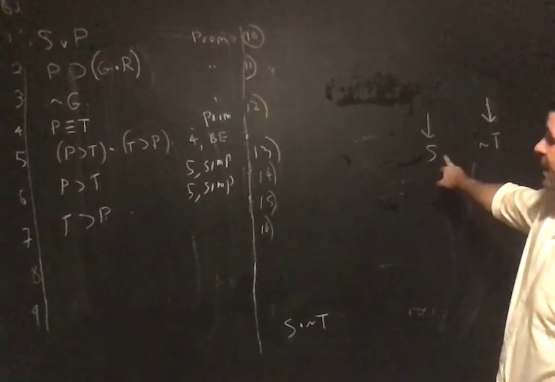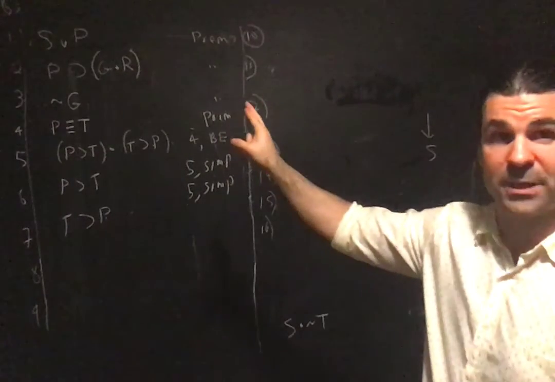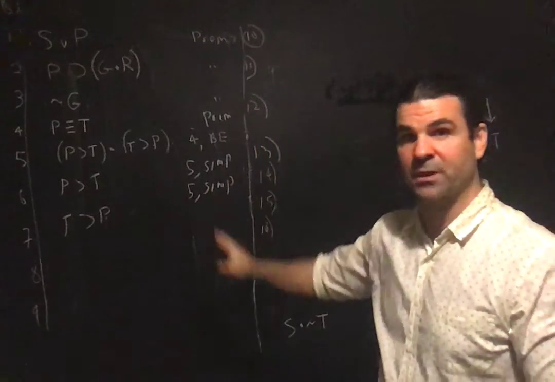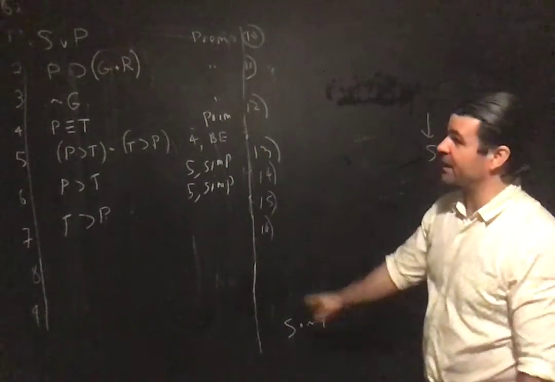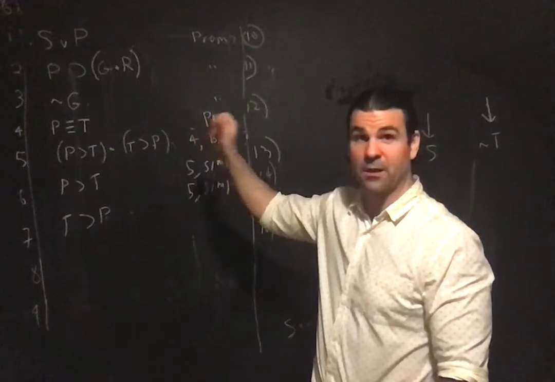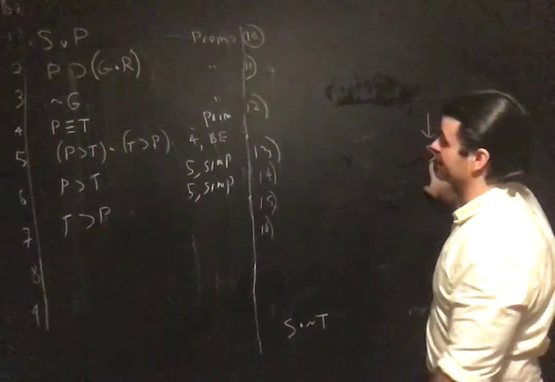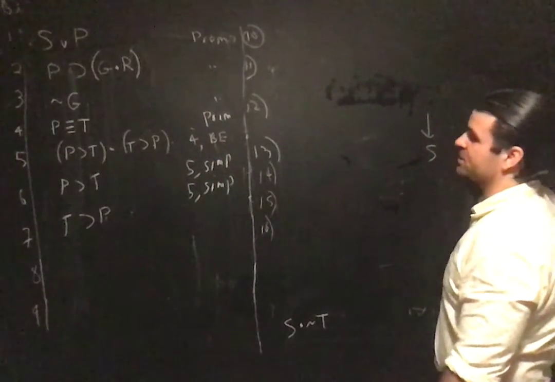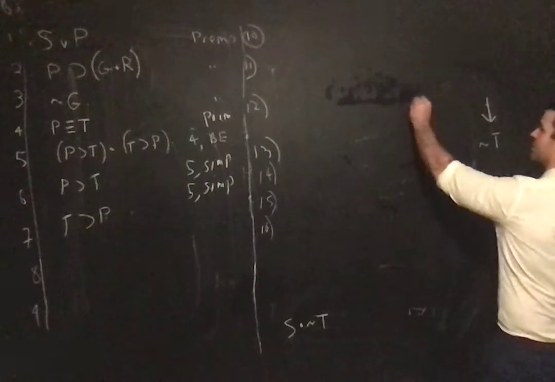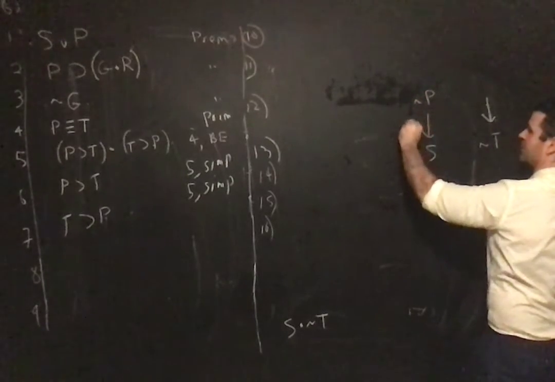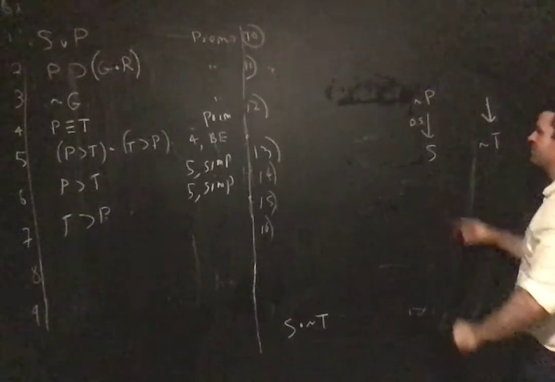Okay, so S, well, look, that appears as one of the disjuncts in 1. So S, I'll be able to get if I can get not P. I need not P to get S. Not P will allow me to use disjunctive syllogism, right?